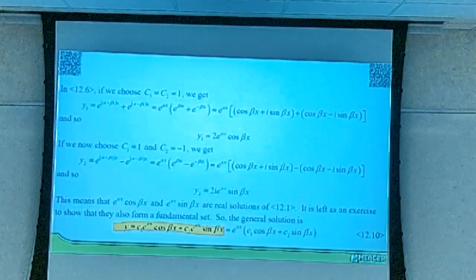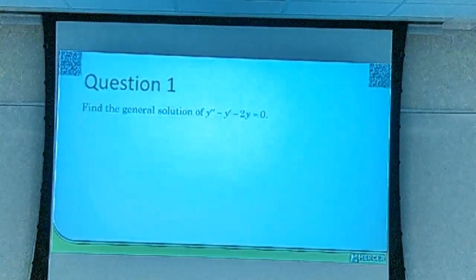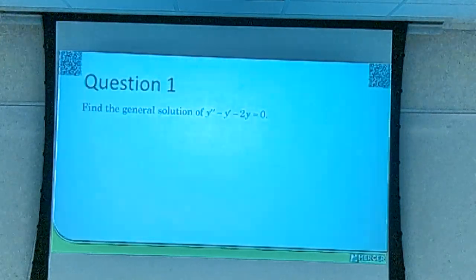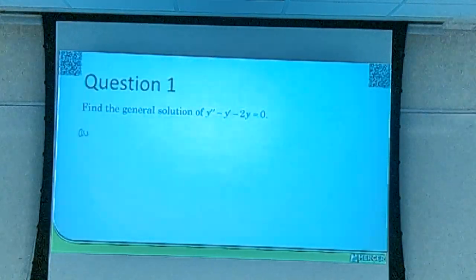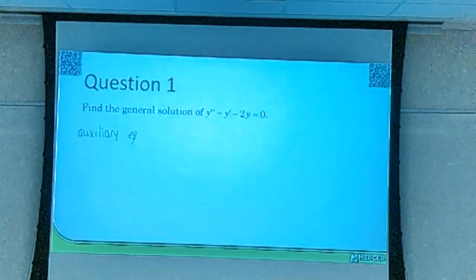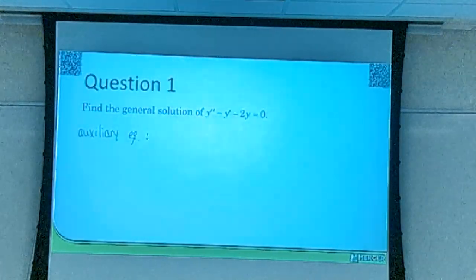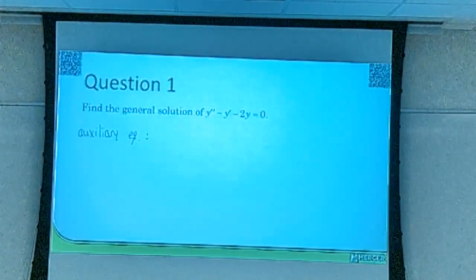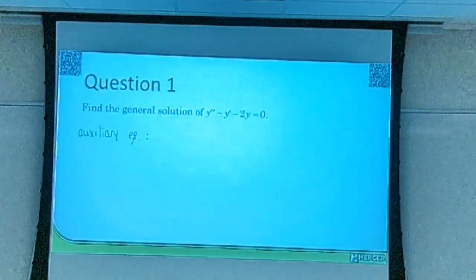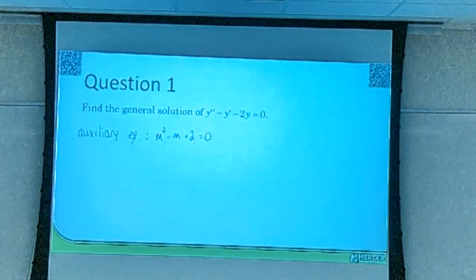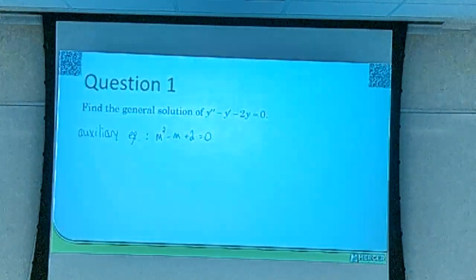Now with all the derivations out of the way, at this point you really just need to know algebra. First, set up the auxiliary equation. m squared minus m plus 2 equals 0.